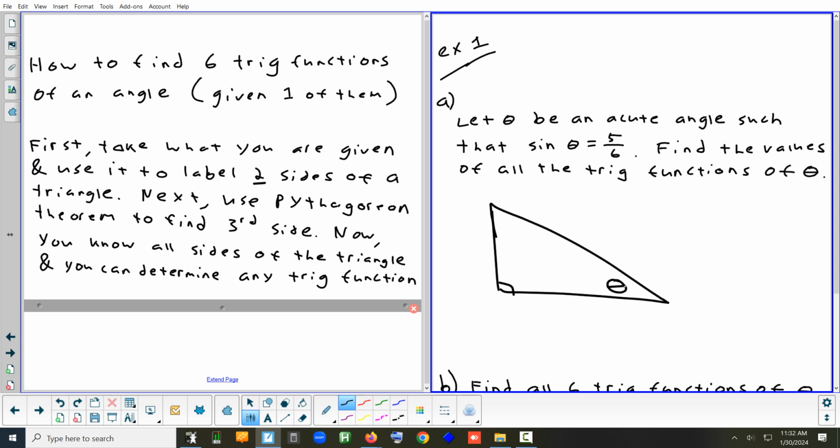The sine is 5/6. What's the definition for sine again? Opposite divided by hypotenuse. So the top side, that's the opposite. So that's 5. And the bottom side, that's the hypotenuse. So that's 6. We don't know the bottom side. That's what we have to figure out.